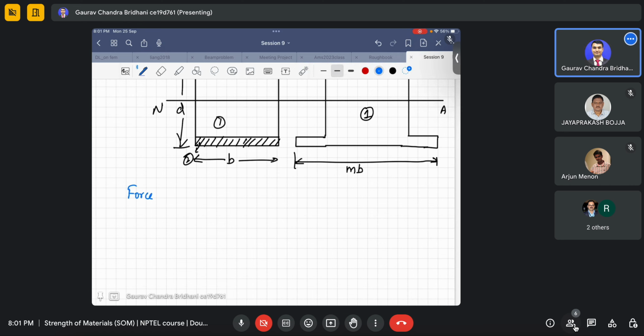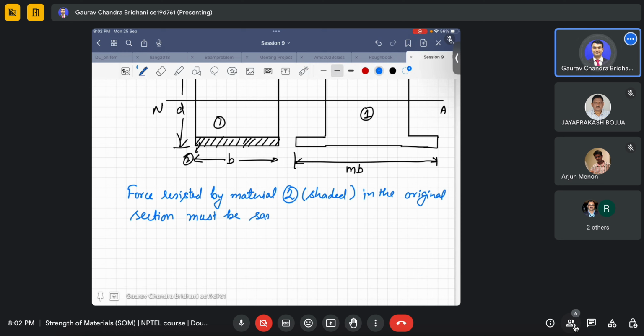Force resisted by material 1, I will say 2, that is shaded in the original section, must be the same as the force resisted by material 1 in the transformed section.